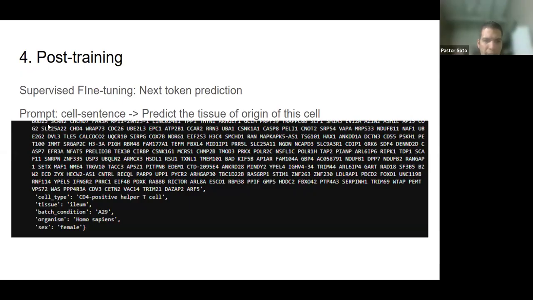As you can see, you have the genes here, and you have some metadata associated with that: the cell type, the tissue, batch condition, the organism, and the cell. That's why I was mentioning that I didn't find data that contains all the information that they have with the papers, abstracts, and discussion and everything. But this gives a high-level overview of how it works.